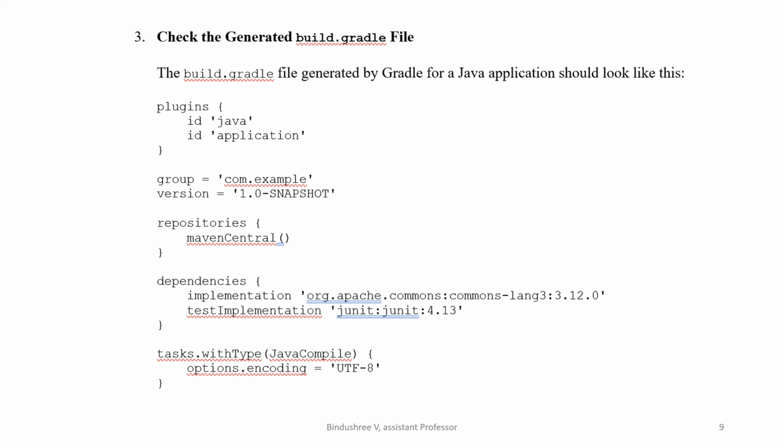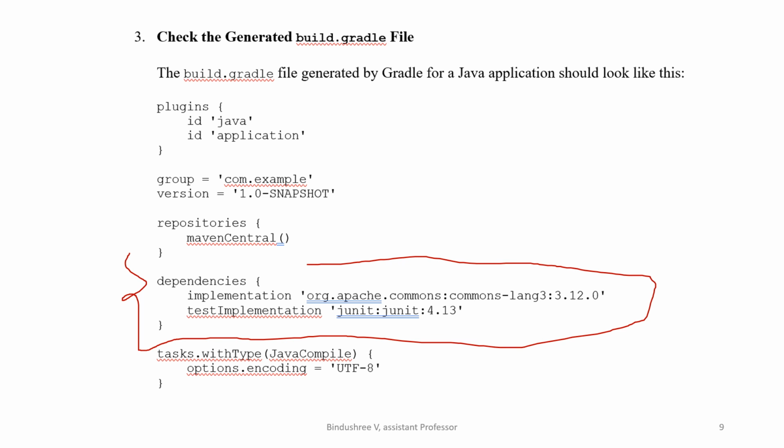What you are supposed to do is this: this portion won't be there inside your build.gradle, so you cannot see it. I have added it manually. Why? Because in Maven we use a unit testing tool called JUnit.